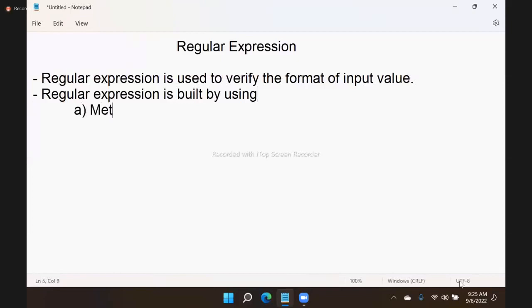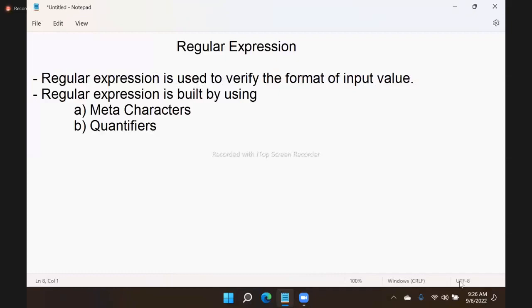One is meta characters and second is quantifiers. So regular expression is built by using meta characters and quantifiers. What are meta characters and what are quantifiers? We will see now.